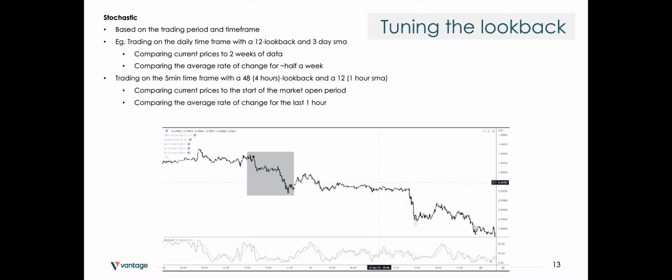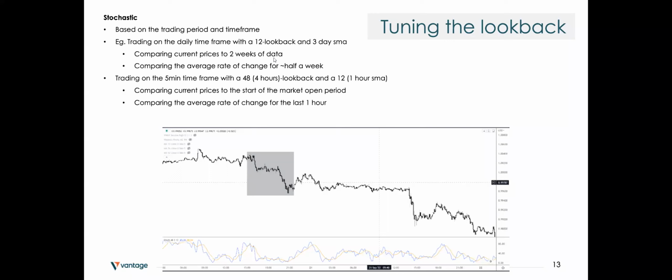One question is on the daily time frame and what setting we should use. The standard values would be 12, 3, 3 or 12, 3, 1. As long as you understand what this 12 and this 3 mean and what kind of data you're comparing, it can be any value.